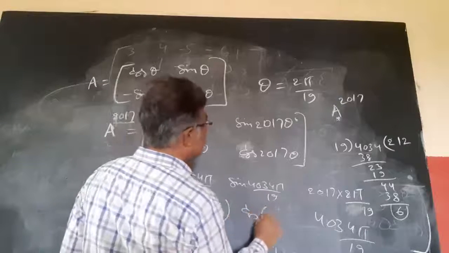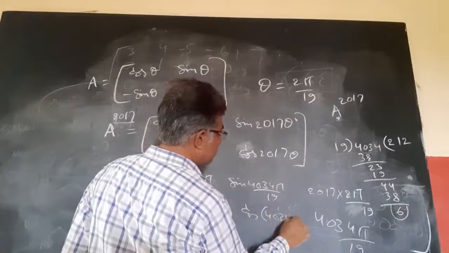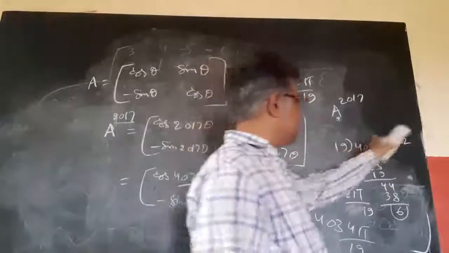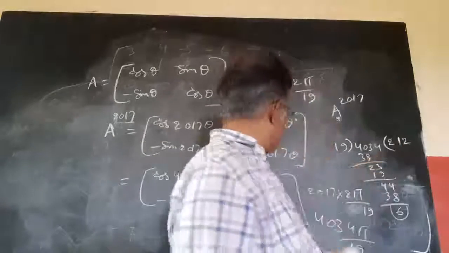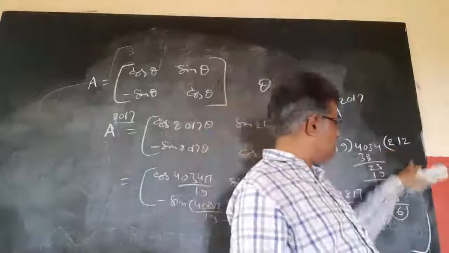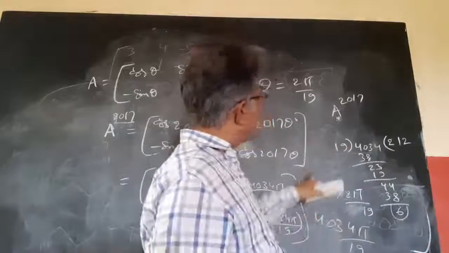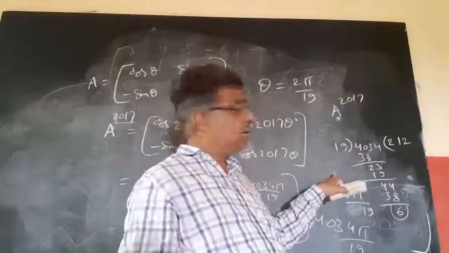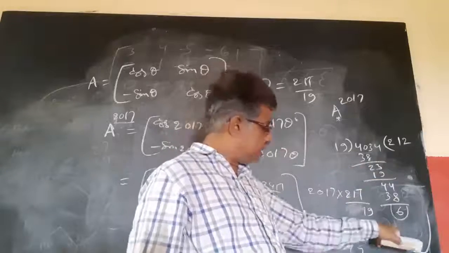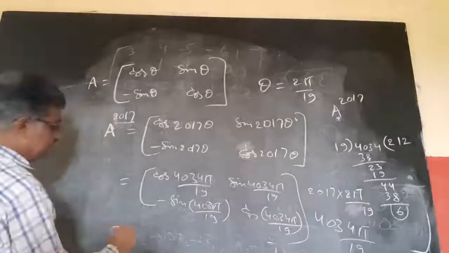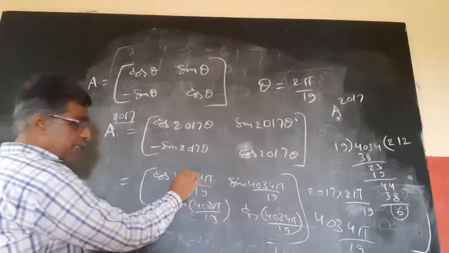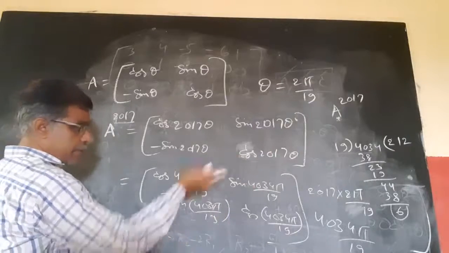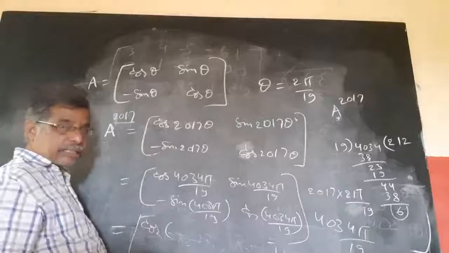This is cos of 4034 pi by 19. And if you simplify this, if you divide 4034 by 19, you get 212 plus 6. So you can write 212 pi plus 6 pi by 19. 212 pi means 106 circles completed.